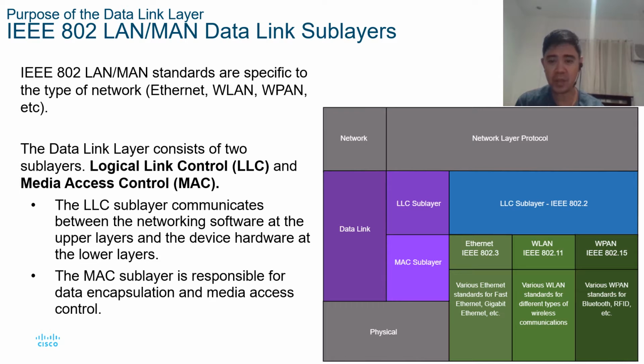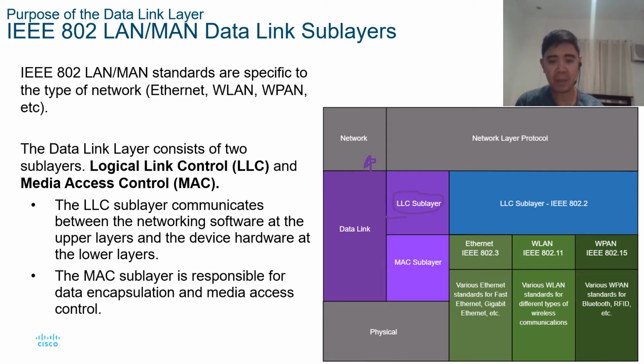Whatever functions are there in the LLC have something to do with preparing the frame going up to the network layer, the ability of a data link layer component, say a LAN card, to recognize network layer protocols, say IPv4 or IPv6. These are all written in the LLC sublayer. That is the role of the LLC sublayer.